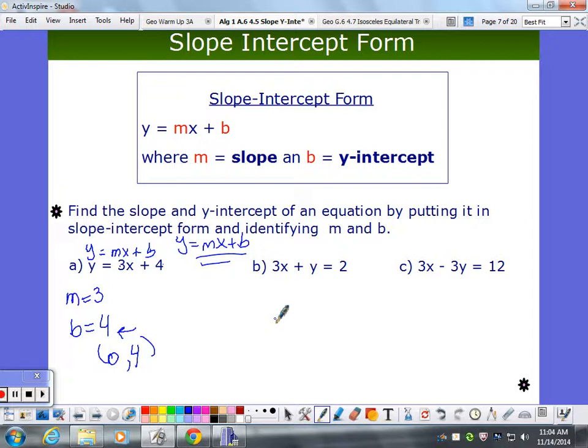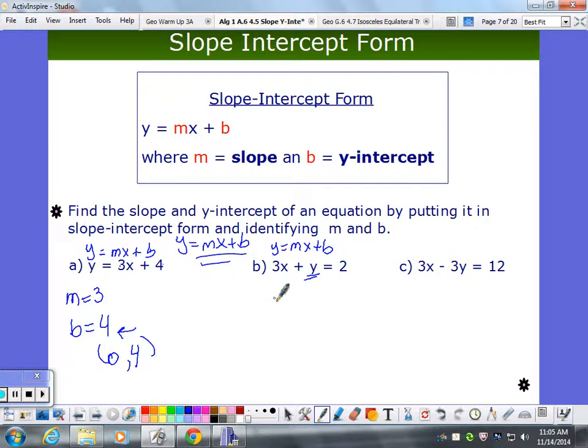What is the slope? No. Why is the slope not 3? Hey, wait a second. You just said the slope is the number in front of the x. Yeah. Why is the slope of this line not 3? Compare it to y equals mx plus b. Does it look the same? You always have to be in function form.